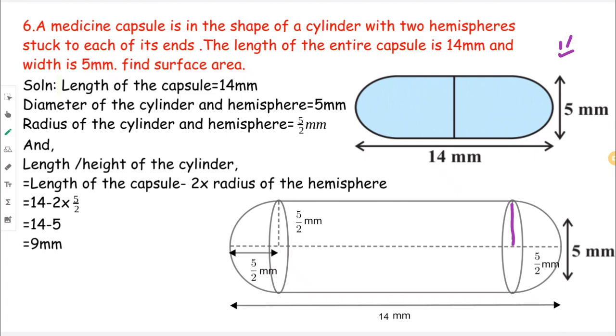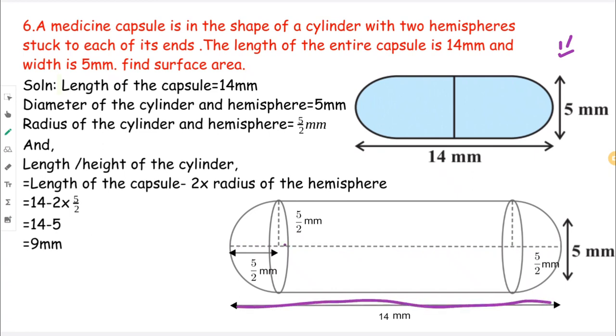Clear? So now when you look here again, remember that this is also the radius, right? Even this is also the radius. So one thing you'll notice here is we have to know the height or the length of the cylinder. That means from here till here. Of course we know the whole length. The whole length is 14 mm, right? From here till here is 14 mm.